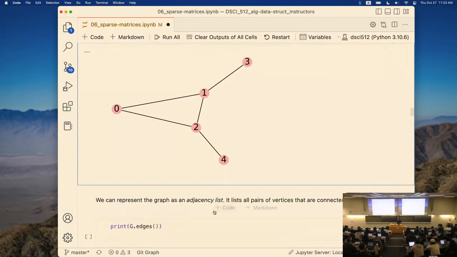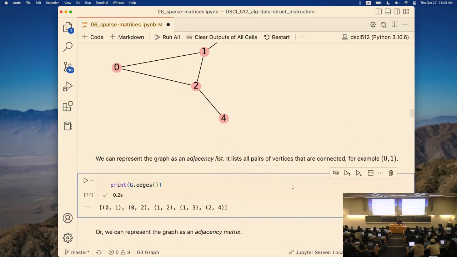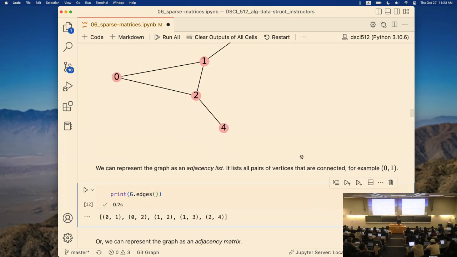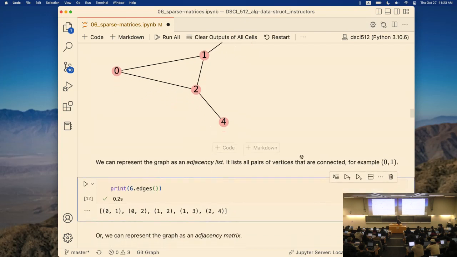What's an adjacency list? It would look something similar to this, not exactly, but here's just a list of the edges that we have. This is one particular way that we can store this graph inside of our computer. So 0 to 1, 0 to 2, 1 to 2, and so on and so forth.